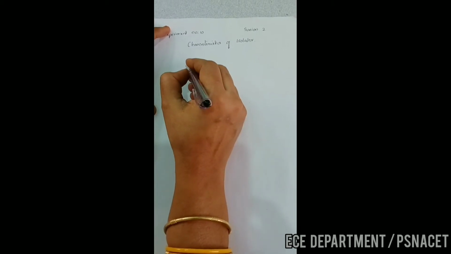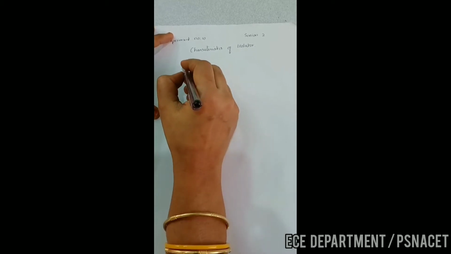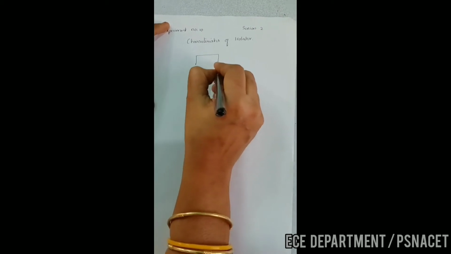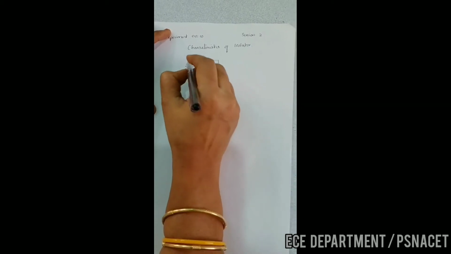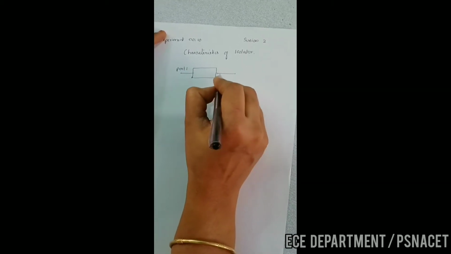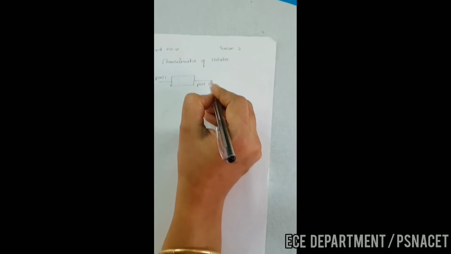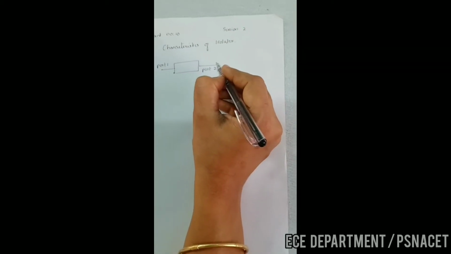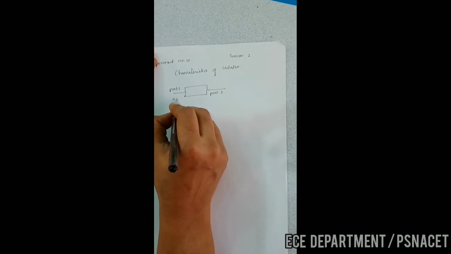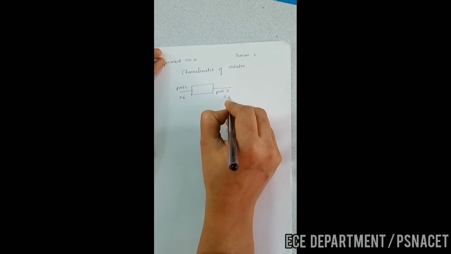Before going into the calculation, we will see what values we have obtained from the experimental results. As already explained, the isolator has two ports, port 1 and port 2. As per the experimental result, we got the input as 0.6 and we obtained the output as 0.4.